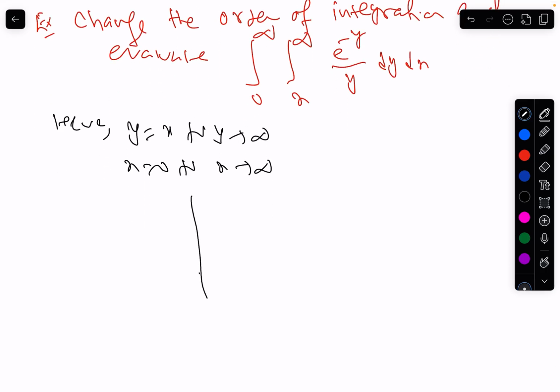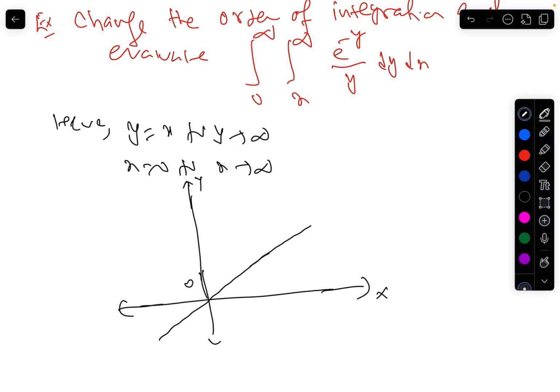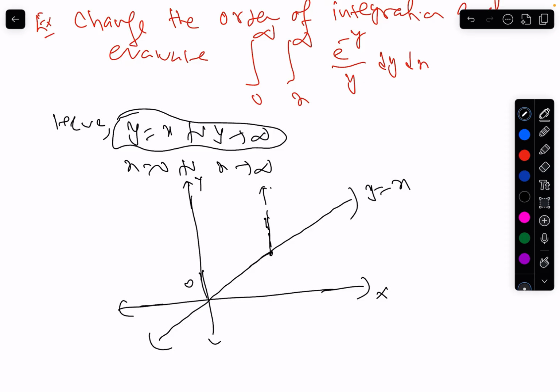Now we draw the region of integration. So this is the line y equal to x. Now see, the integration limit of y starts from x to infinity. So y is x and y is infinity in there.